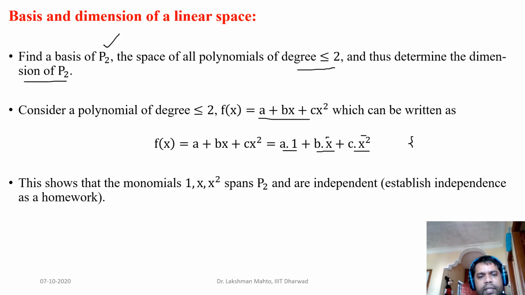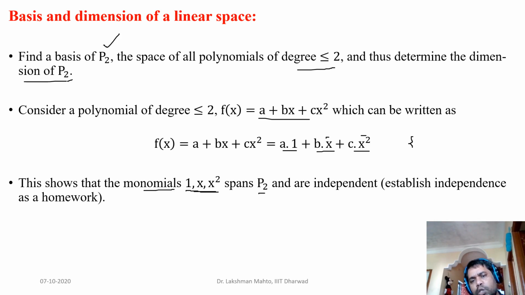So we can easily see that the monomials 1, x, and x square span P2, the collection of all polynomials of degree up to 2. Any polynomial of degree up to 2 can be written as a linear combination of these three monomials. That's why these are candidates for being a basis of P2, because these are polynomials as well.